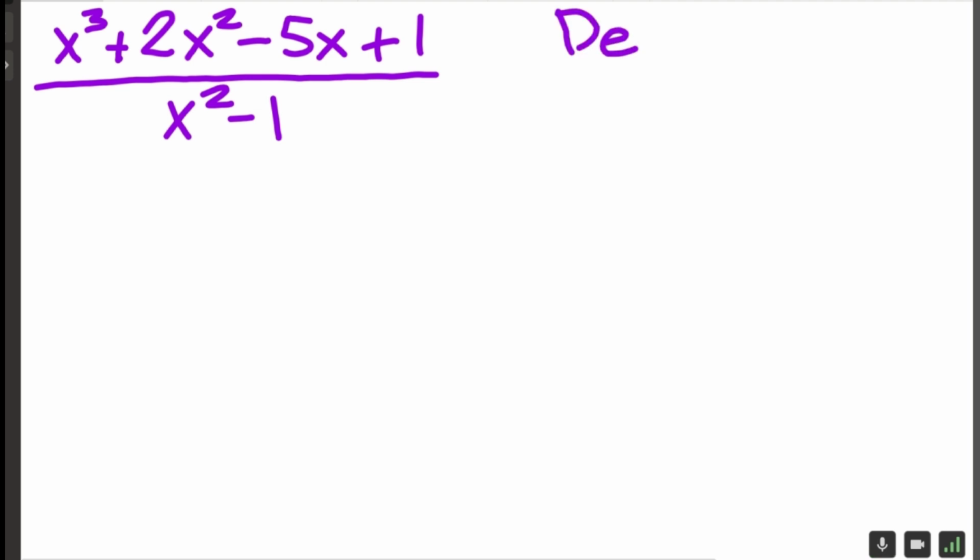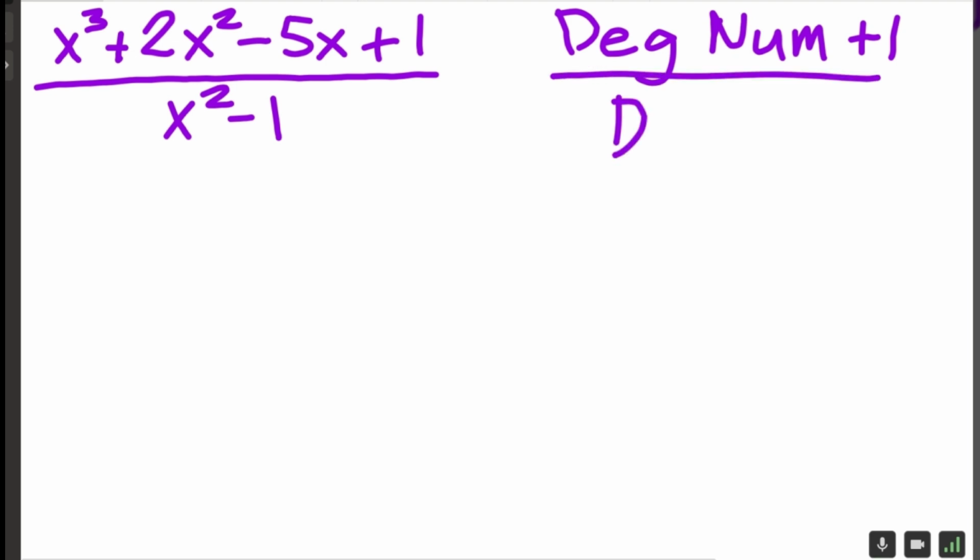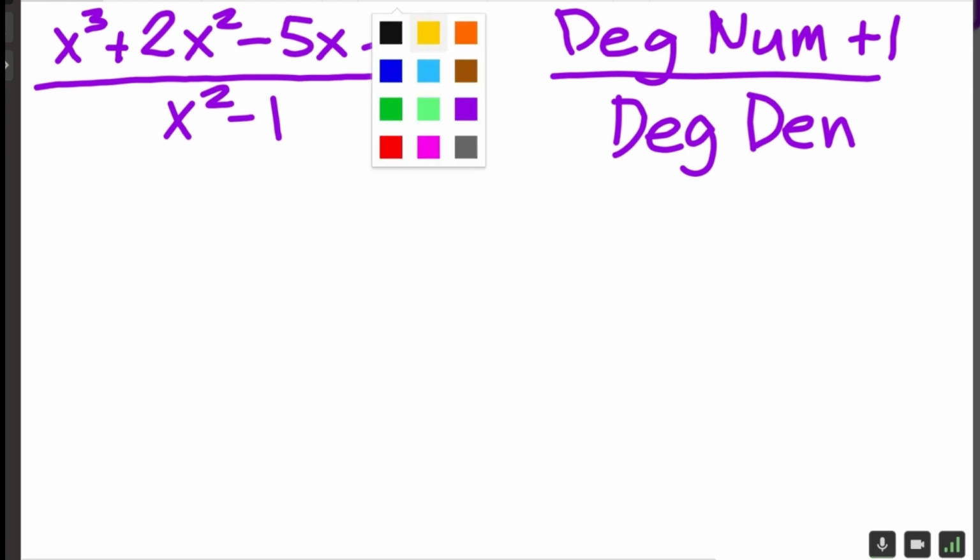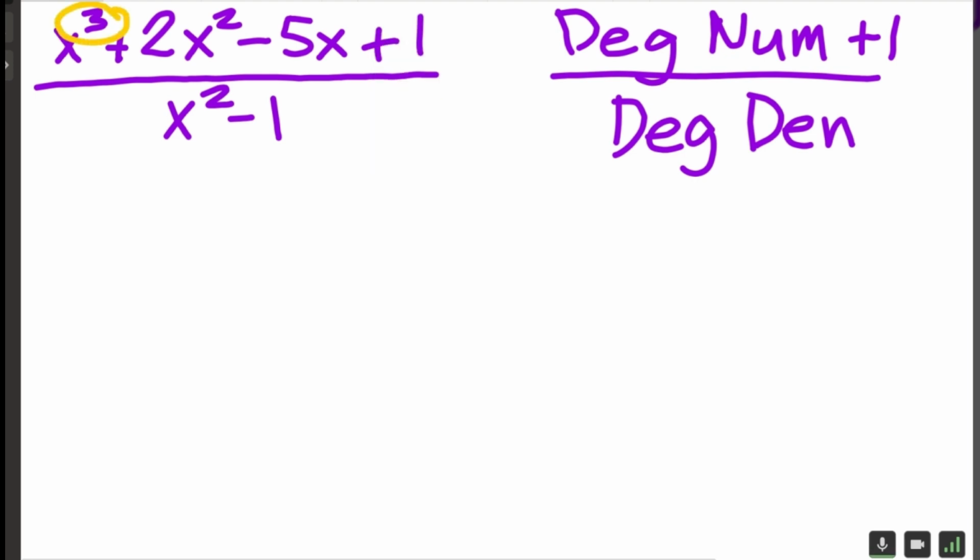of the numerator is one higher, or plus one, over the degree of the denominator. So for this one, we've got a 3 here for the cubed, and we've got a 2 here.